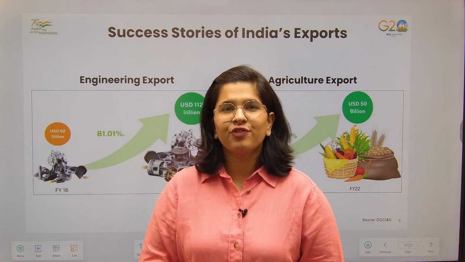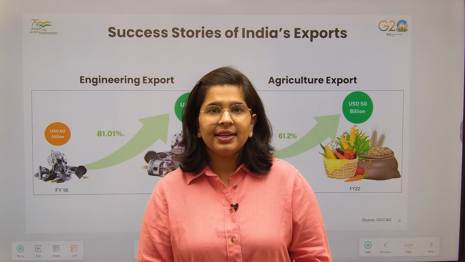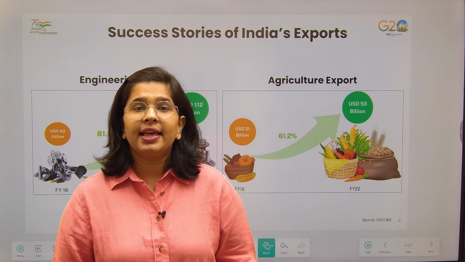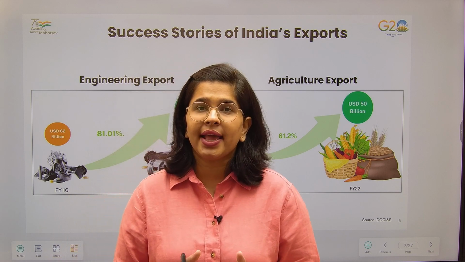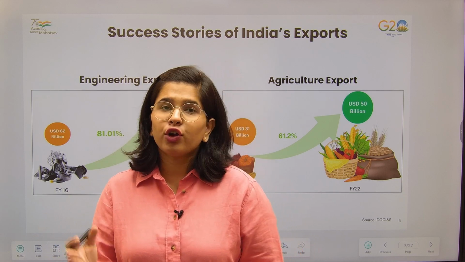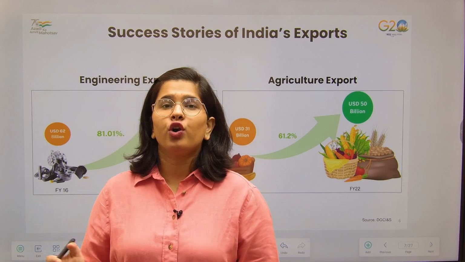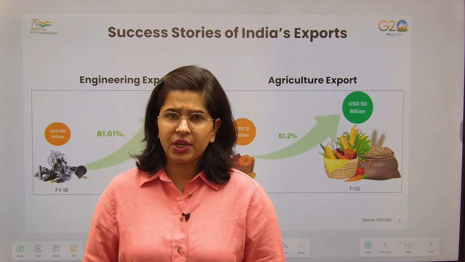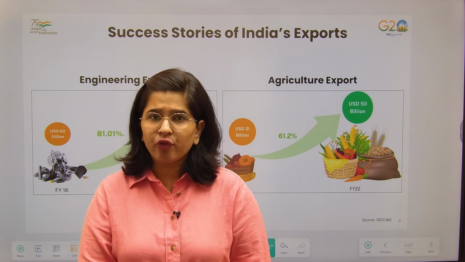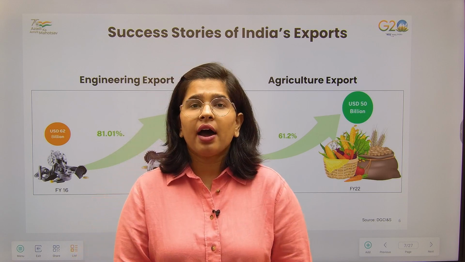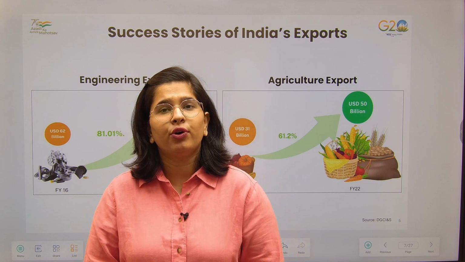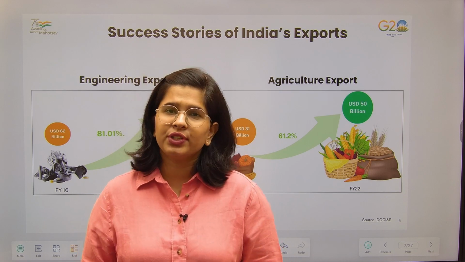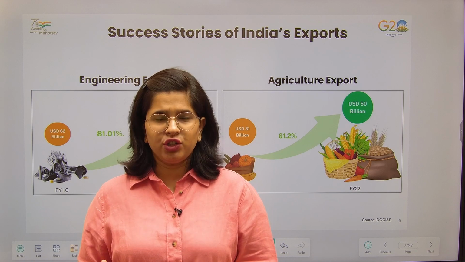So let's discuss a few data points. Remember that if we talk about our export destinations, then the USA is our number one export destination, followed by the UAE, and then followed by mainland China. After that, the countries keep on changing, but these three countries have remained our greatest export destinations in the last 3-4 years, right? So their positions have not changed much.